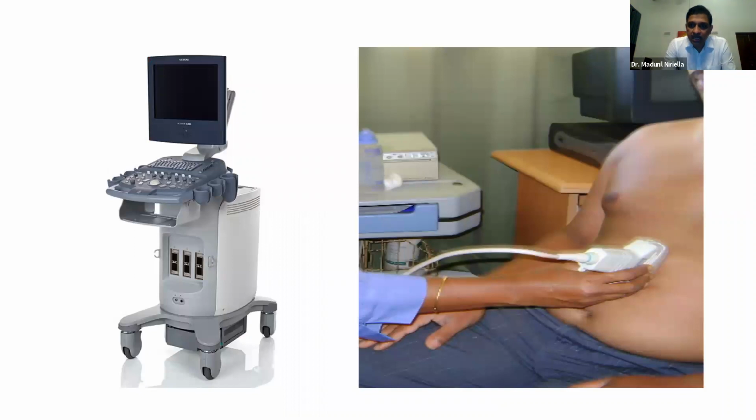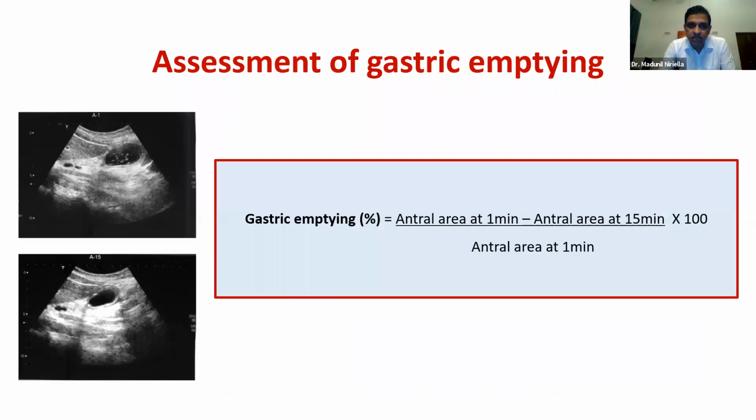What we do is give a standard liquid meal, and the patient takes it, and we measure the gastric antrum using a standard ultrasound probe, measure the surface area of the gastric antrum at 1 minute and 15 minutes, and we calculate the gastric emptying according to this formula. This is what is done for our patients in the Department of Physiology in Calgary.